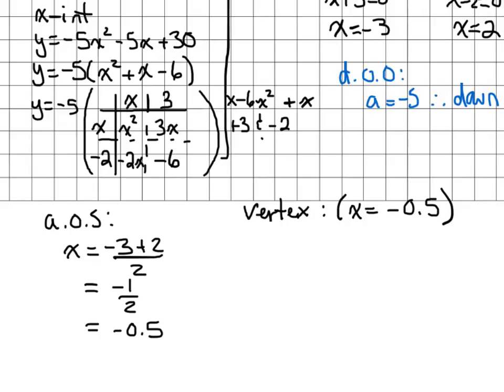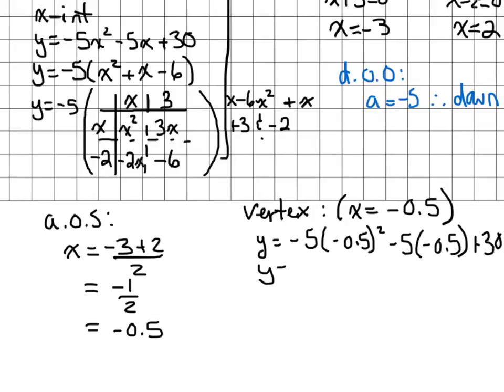So last time I believe I used factored form, so this time I'm actually going to use standard form, just to be a little different. So we have y equals -5 times -0.5 all squared, minus 5 times -0.5, plus 30.